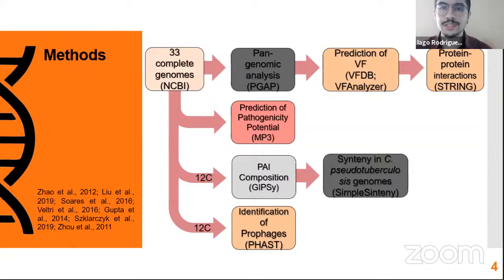Finally, in order to predict the presence of phage DNA in the genome of pseudotuberculosis 12C, we used the online tool PHAST, which requires FASTA files of the query genome, generating hits related to the phage DNA through data alignment.